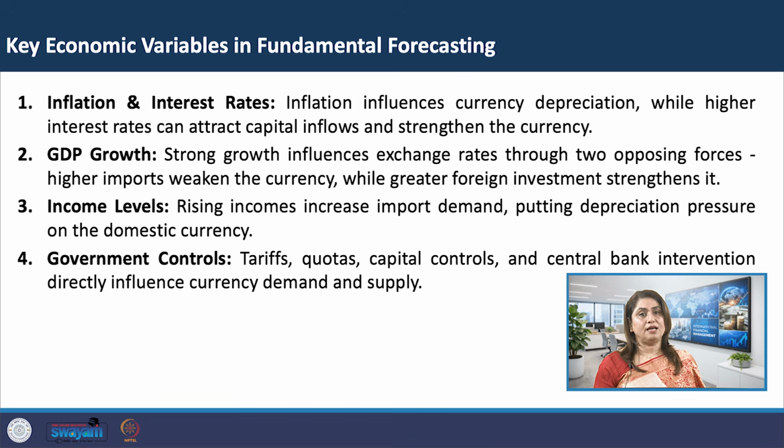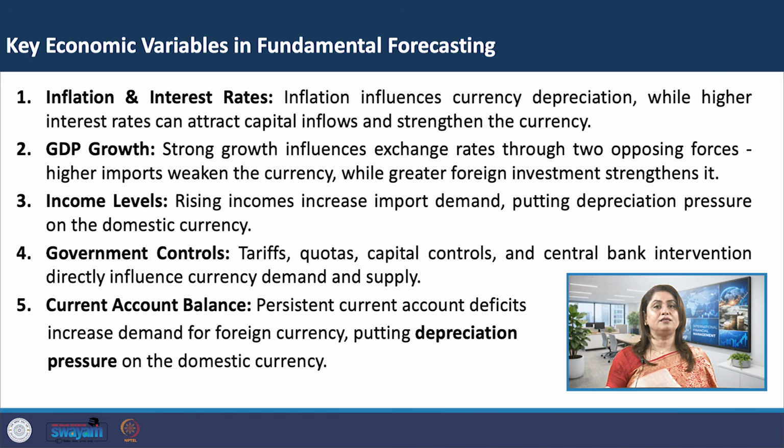These policy variables must be factored into the forecast in fundamental forecasting. The fifth variable is the current account balance. A country running a persistent current account deficit, meaning it is importing more than it is exporting, typically creates greater demand for the foreign currency in the foreign exchange market.